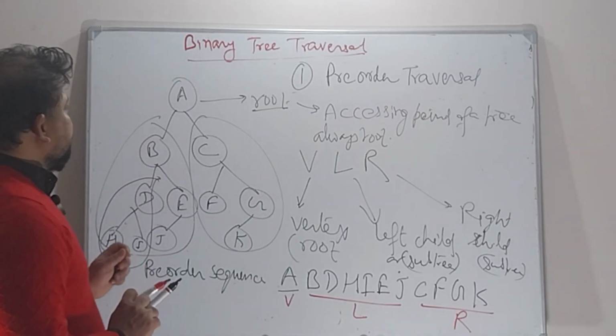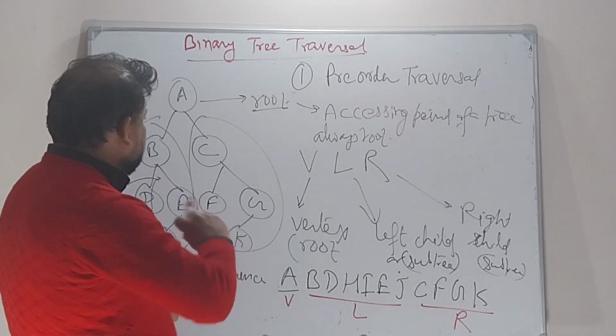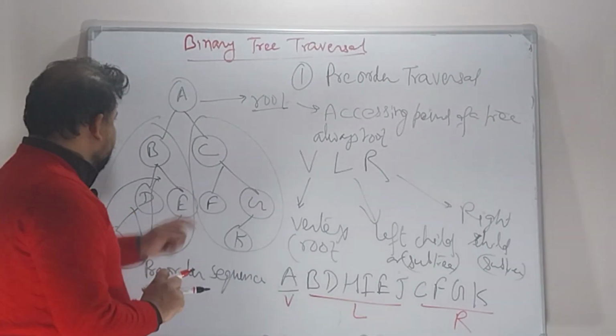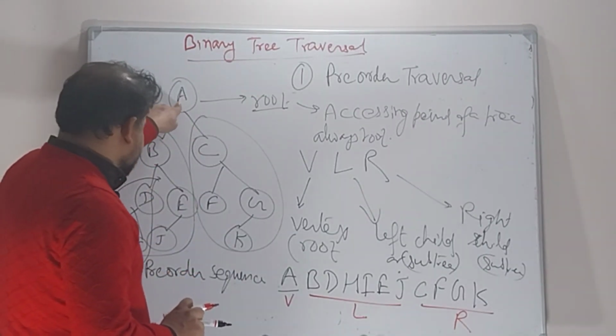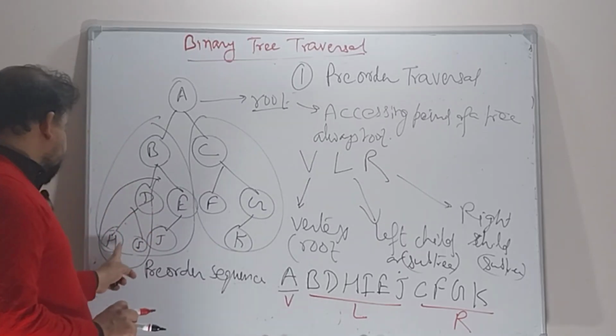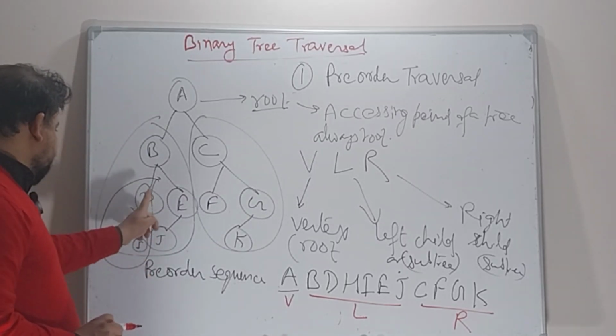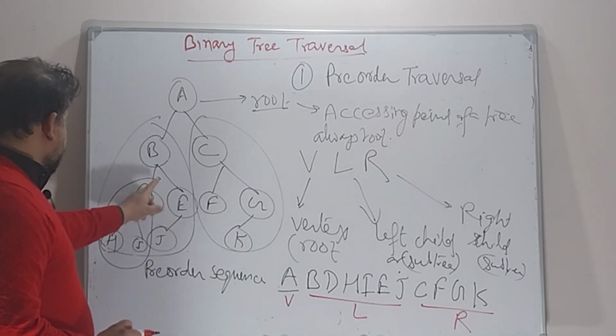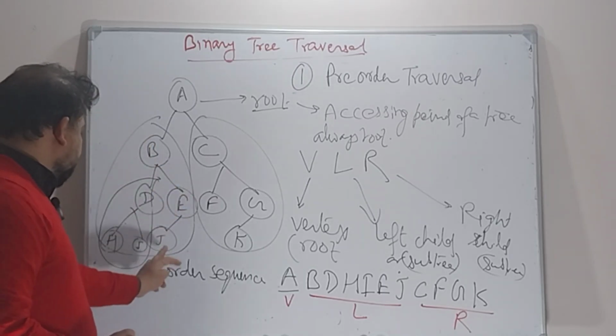Clear? Now I'll try to write pseudo code for this pre-order traversal. Here you can see the things repeat. For this subtree this is the root, and for this subtree this is the root. Then comes the left and right: root, left, right. The left is done, the root is already written, so I'll go to the right side.